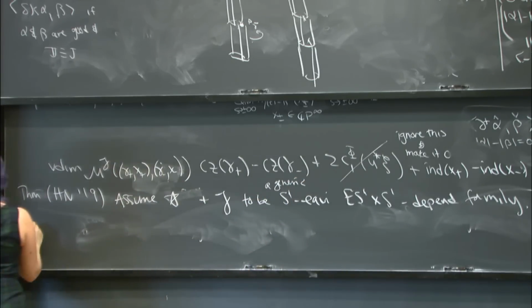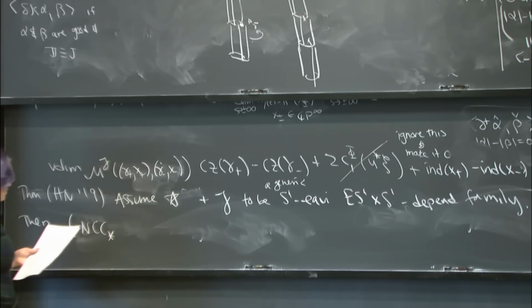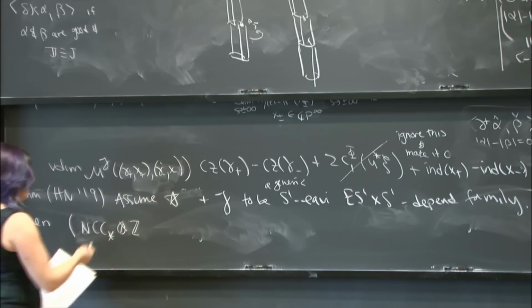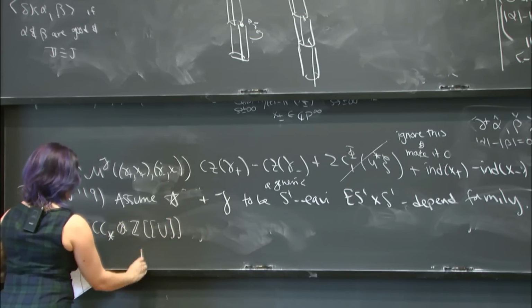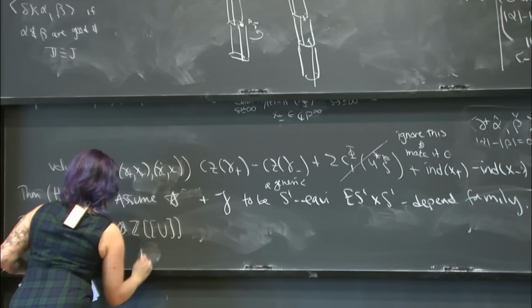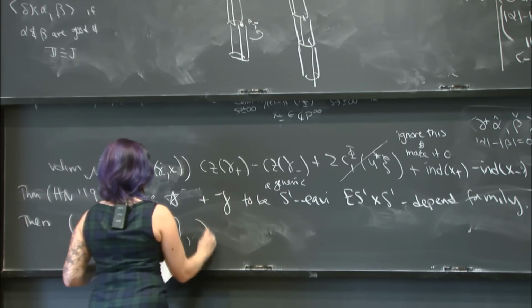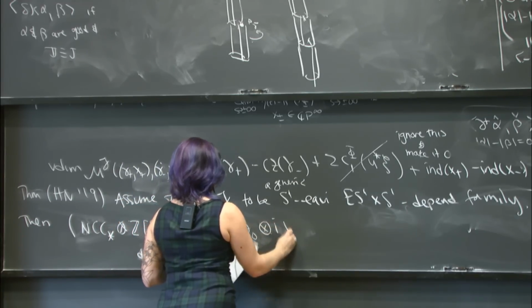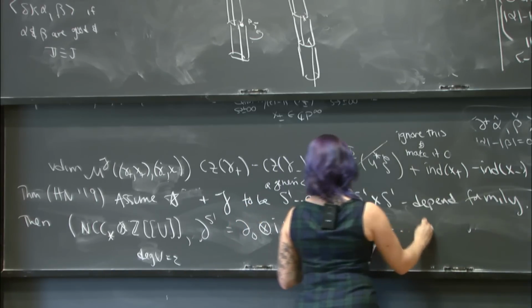Then I can form a chain complex by taking the non-equivariant chain group, tensoring it with the cohomology ring of CP infinity, which is just Z adjoining U, where U is some formal variable of degree 2.